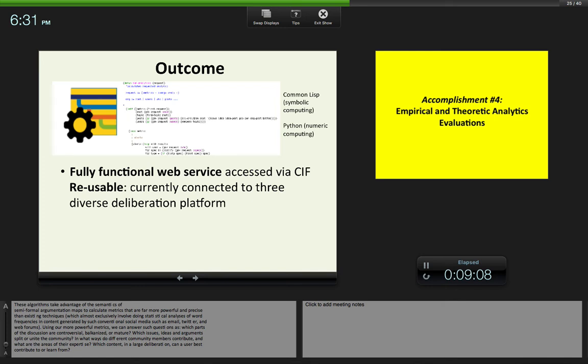It's reusable in the sense that as long as the deliberation platform adheres to the CIF syntax, it can be used by any deliberation system, and we have demonstrated this by the fact that our analytics server is currently connected to 3 diverse deliberation platforms that were developed by different members of the Catalyst team.